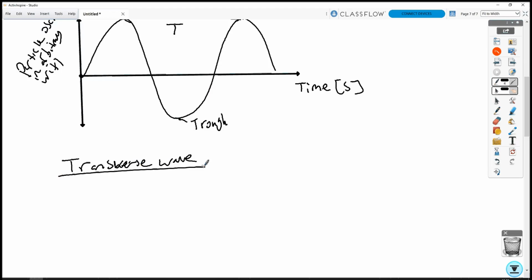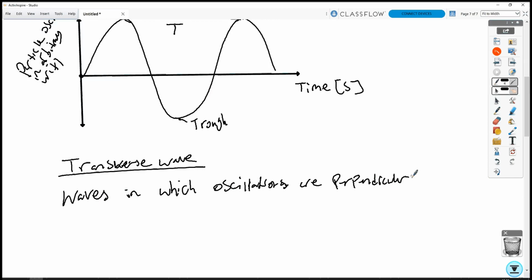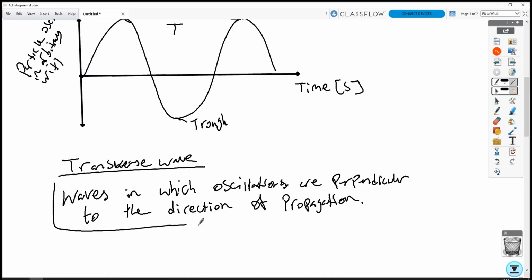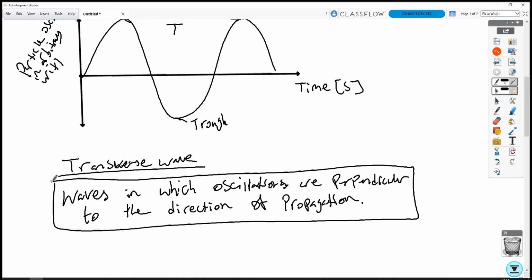So a transverse wave is defined as waves in which oscillations are perpendicular to the direction of propagation. The direction of propagation is the direction in which energy is transferred in that wave. So in the case of the one we've drawn at the top, it's from left to right. And the oscillations are vertically up and down.